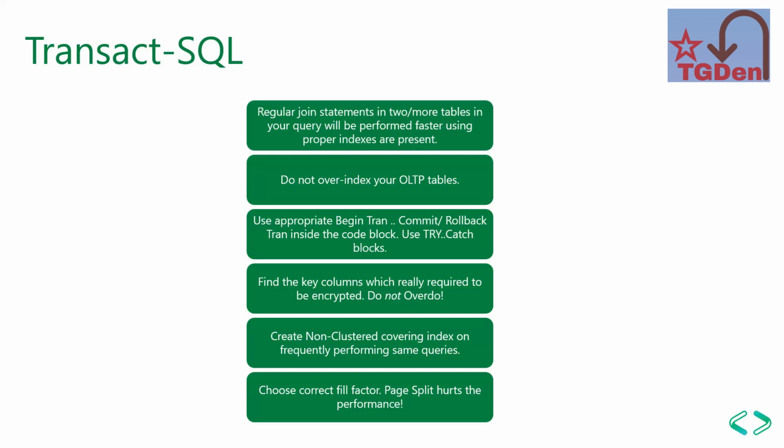Next point is, find the key columns which really require to be encrypted. Do not overdo it. So in a table, if you have, let's say, 20 columns, you want to protect the customer SSN details, maybe an I number, or maybe the credit card details, maybe the address, maybe the phone numbers, right? But if you have certain columns which nobody even knows what exactly the column is, it's hard for other people to understand even, do not try to encrypt them, because while your application reads the data, it has to decrypt it.